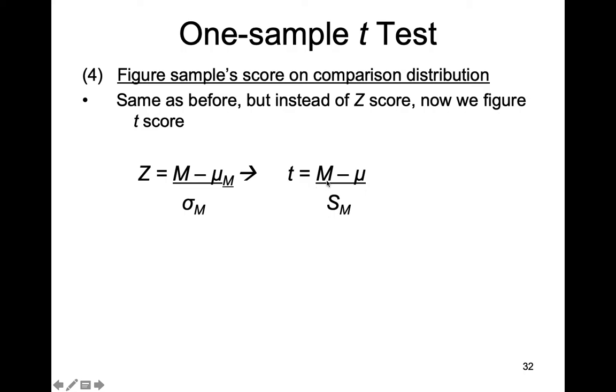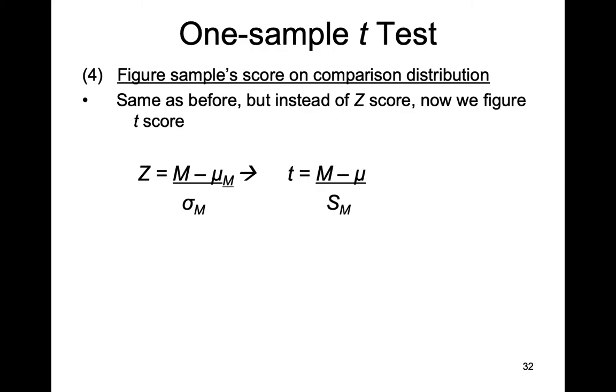All that becomes is the t formula with the exact same components, basically. We've got the mean difference divided by the standard error. So the formula is conceptually the same.